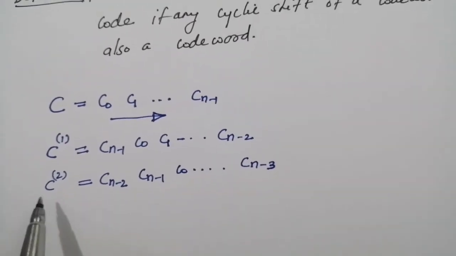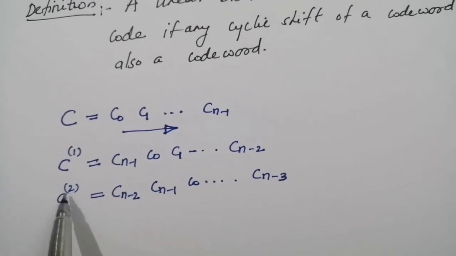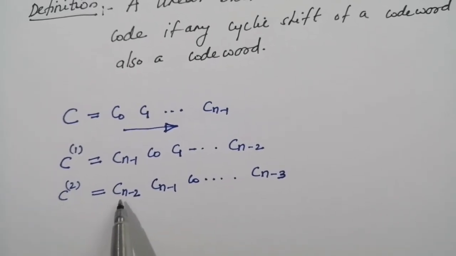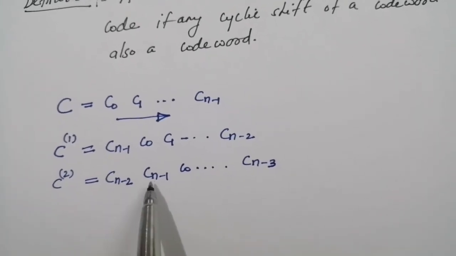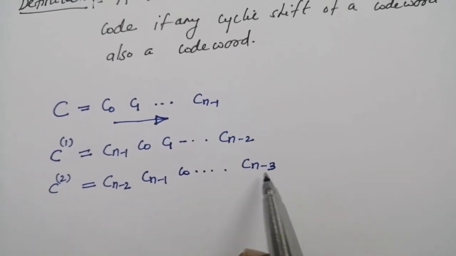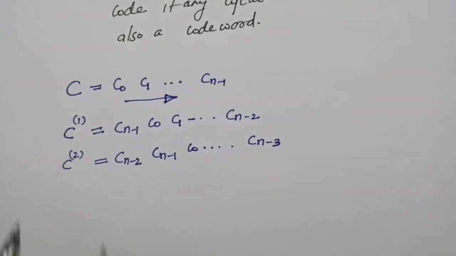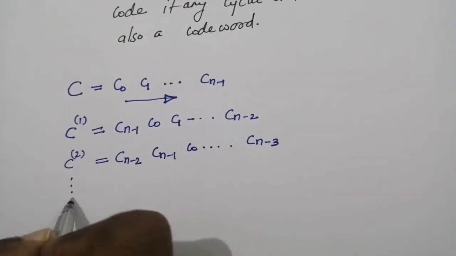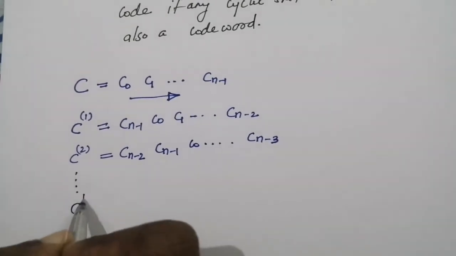Now, interestingly, you can see that for this C of 2, the starting bit is Cn minus 2, the next bit is Cn minus 1, and the final bit is Cn minus 3. Proceeding in this manner, what about C of k?